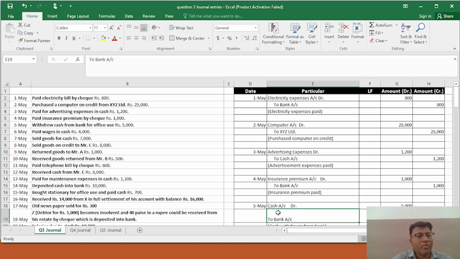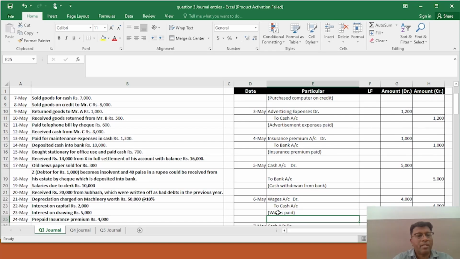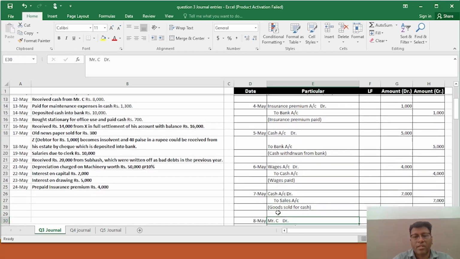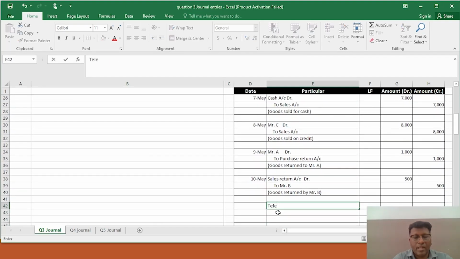And if you see the next transaction is paid telephone bill by check. So you have to again mention the telephone expenses, this is the case of expenses, rupees 600. So you have to make this entry: telephone expenses account debit to cash account, right?